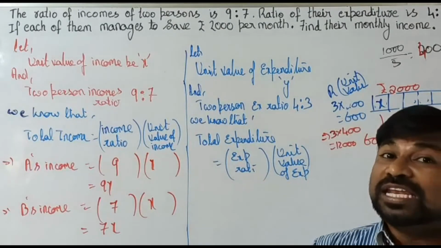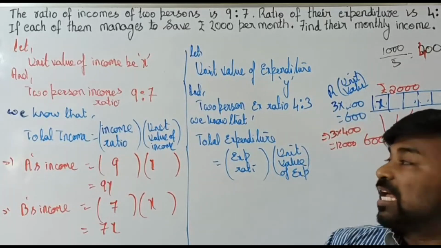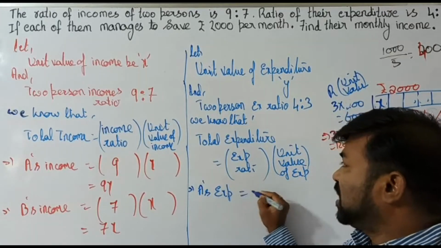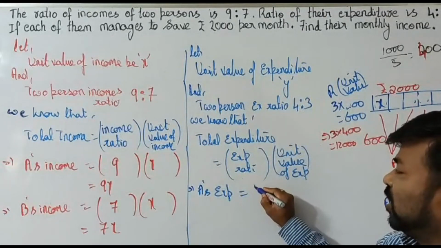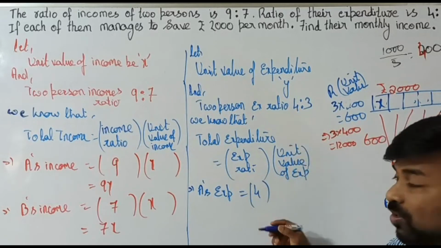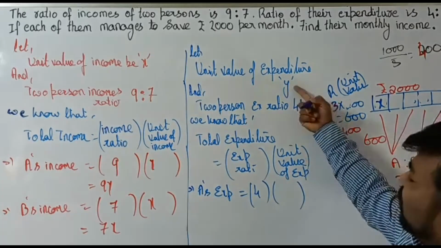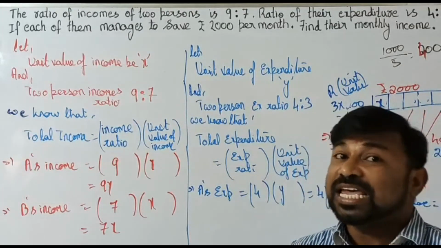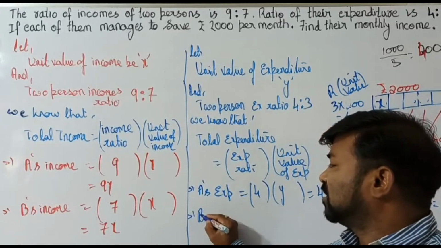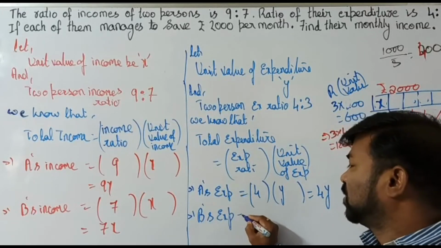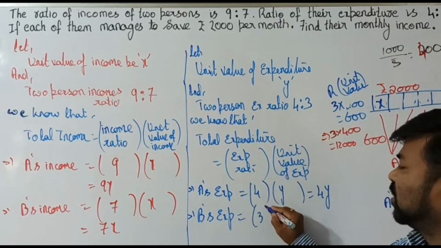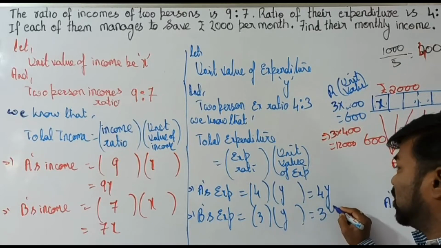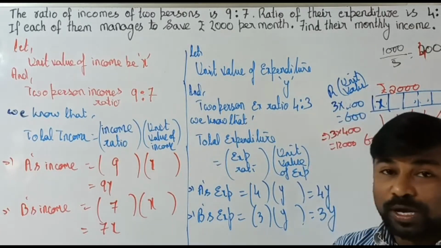But what we need is A's expenditure and B's expenditure. A's expenditure equals, what is the ratio? 4 is the expenditure ratio and unit value of expenditure is y. So we get 4y. That is A's expenditure. Now B's expenditure: the ratio is 3 and the unit value of expenditure is y, which is 3y. Hope you are able to understand.